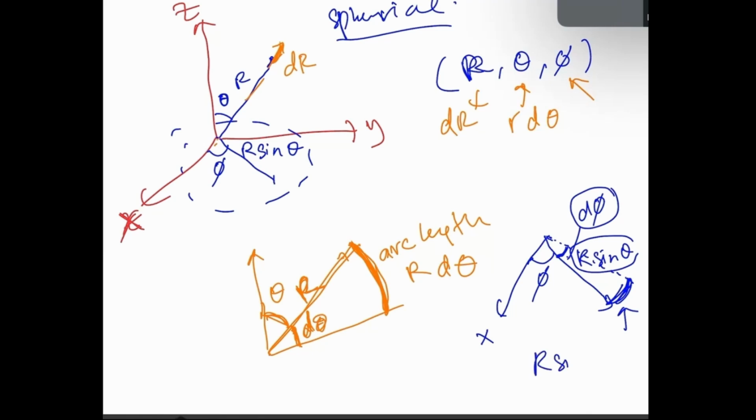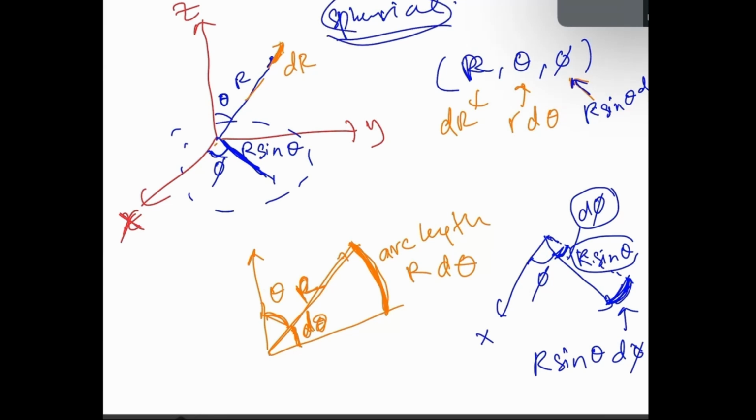This is the length of the arc due to changes of phi, equal to r sine theta. Okay, r sine theta is this length times changes of phi, so r sine theta d phi.